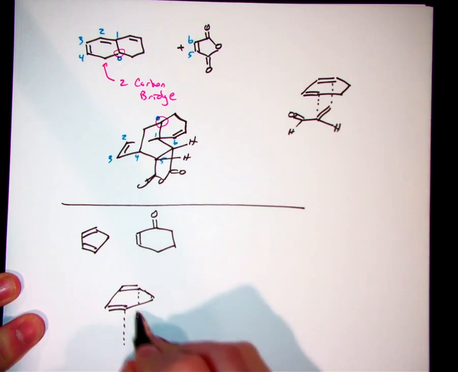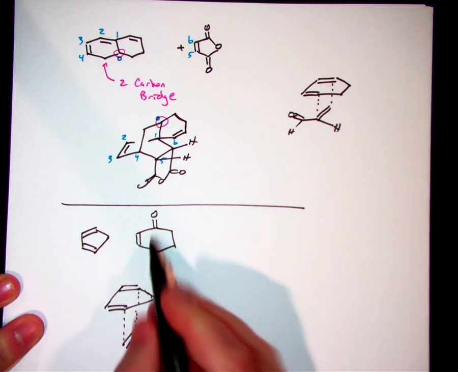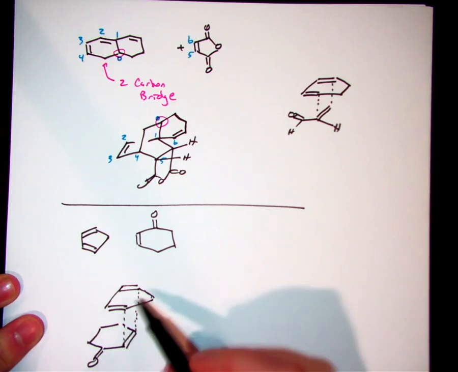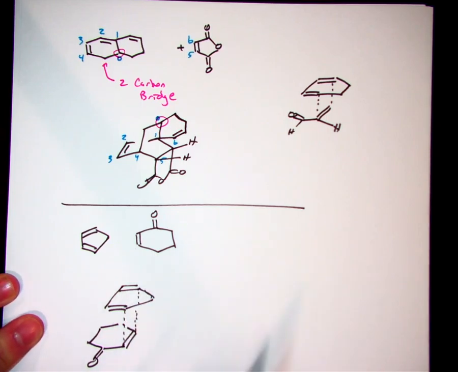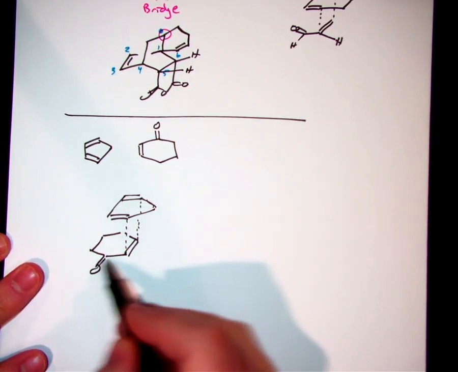And that's going to interact with the dienophile alkene. And now we want this carbonyl to be underneath where that diene is at. So we're going to draw that in this direction. So when this diene comes down on top of this, it's coming down on top of it with the carbonyl pointed in that direction.